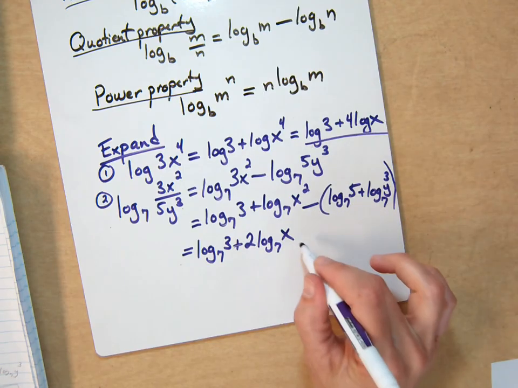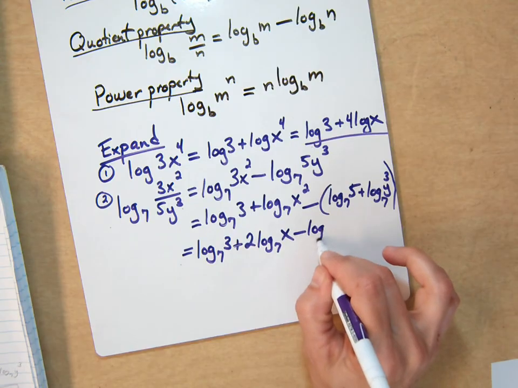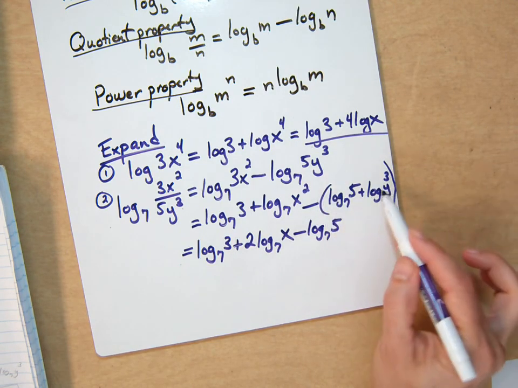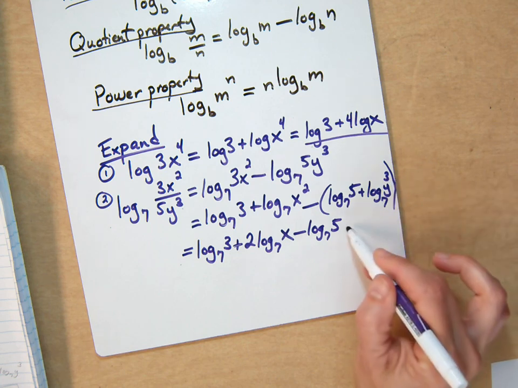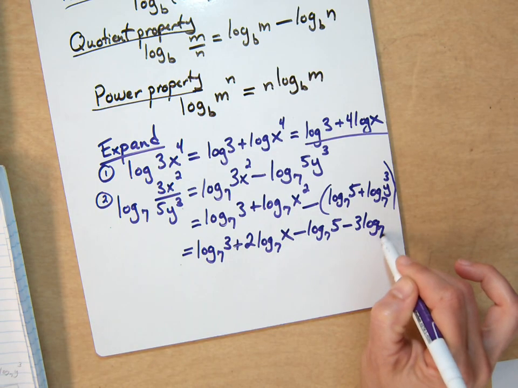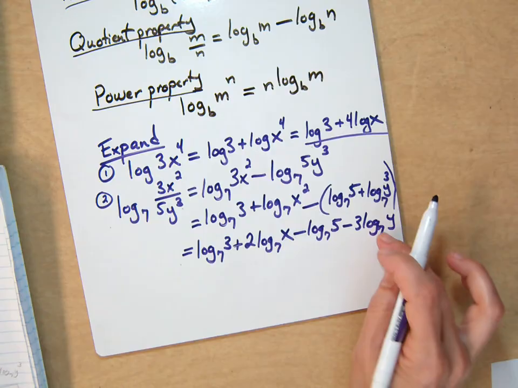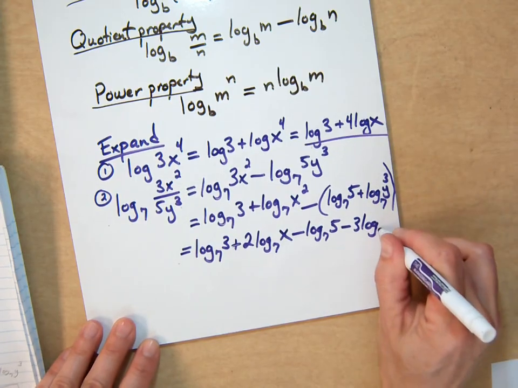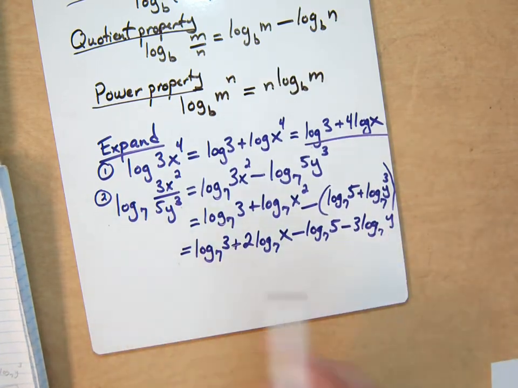Here we distribute the minus, so minus log base 7 of 5. And we have to distribute the negative, and the 3 as the exponent comes down, so minus 3 log base 7 of y. So they don't get any harder than that for expanding.